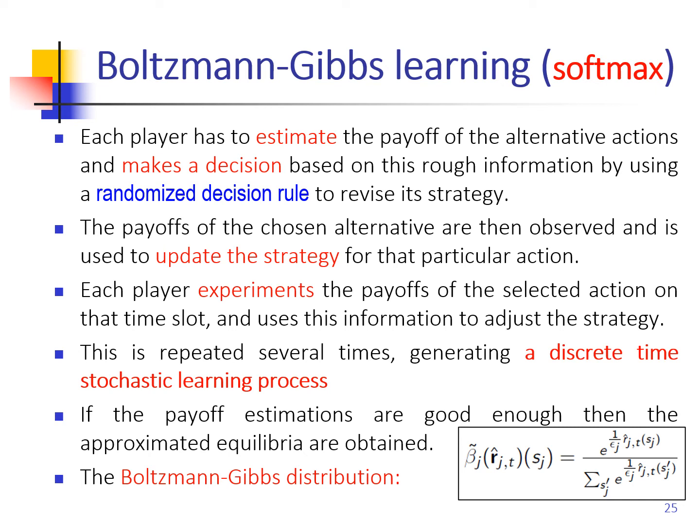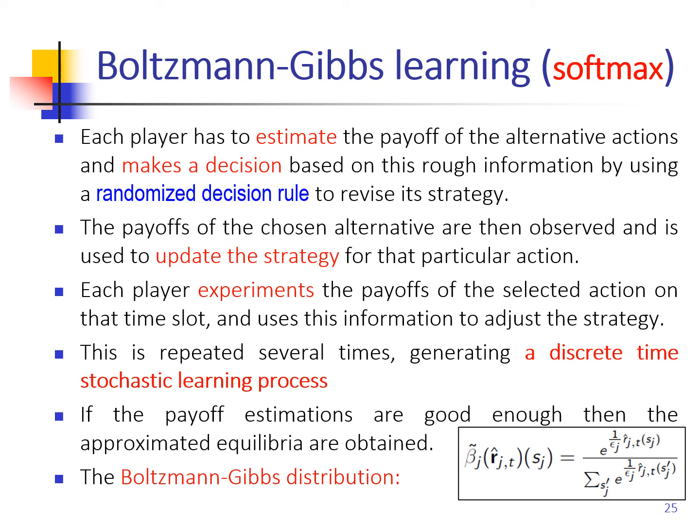What you should pay attention to for now is that there are some parameters here. There's a parameter epsilon_j, which corresponds to what we call the temperature parameter, which will play a key role in the learning process. This is the parameter that will allow us to randomize our strategies over time.